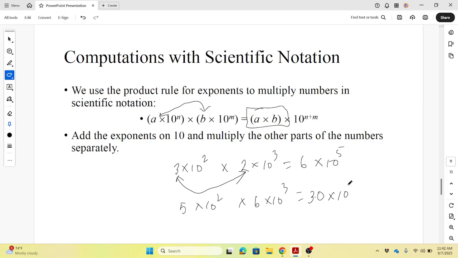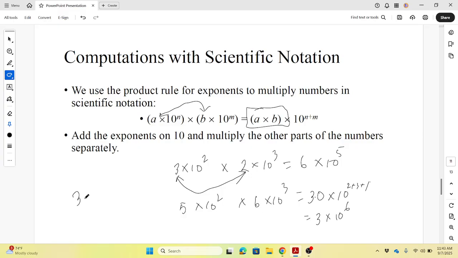So that would be 2 plus 3 plus 1. After the decimal there is one number. That's why we put one extra here. So this multiplication would be 3 times 10 to the power 6.